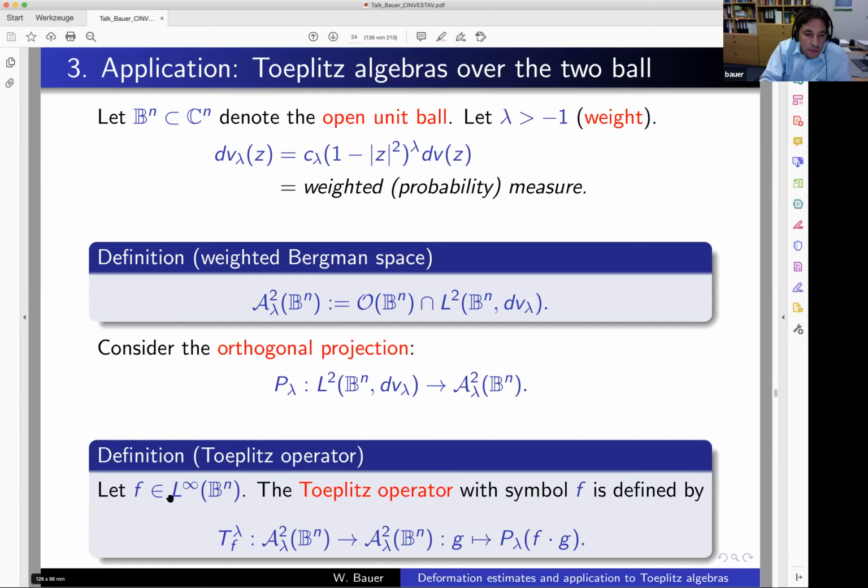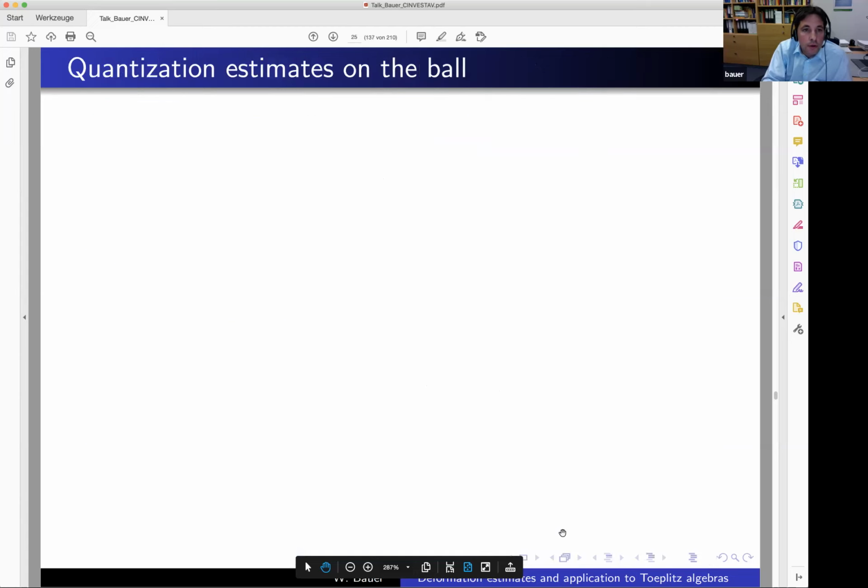And then we have the Toeplitz operator, let's say for bounded symbols. So in this section, all symbols will be bounded, which is the compression of the multiplication operator. So we take a symbol f and we multiply a function in the Bergman space by f, which produces an L2 function, and then we project back to the Bergman space. So this is all very well known here.